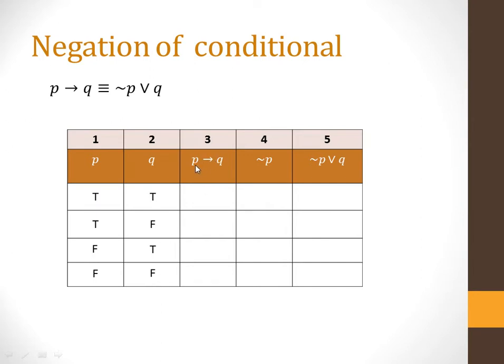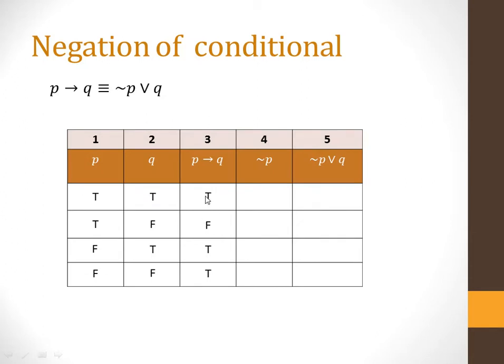Now the third column is P implies Q. Remember the truth table of P implies Q. T implies T is T, T implies F is F, F implies T is T, and F implies F is also T. Remember, in case of implication, only T implies F is F, otherwise all values are true.